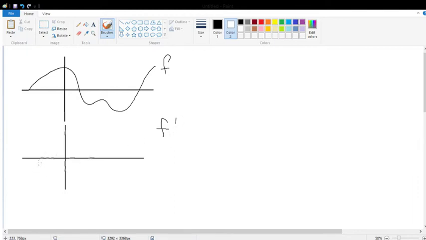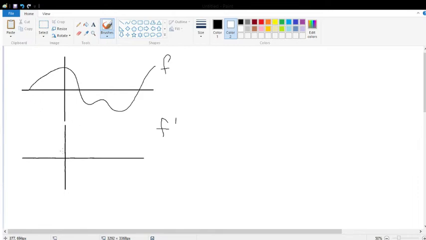They want you to find what is a possible graph of f prime. Remember, you have to identify which is f prime, or maybe you're supposed to draw it. What you have to realize is what f prime describes. It describes the slope of f at any given point. We don't care about the y value, we just care about, at the x value, what is the slope. And then we'll graph it.